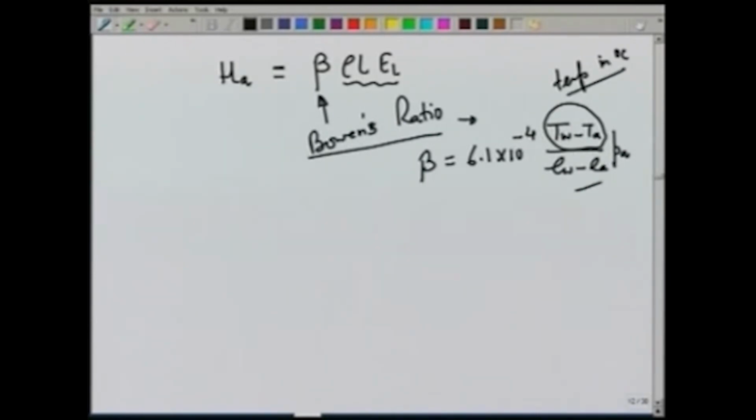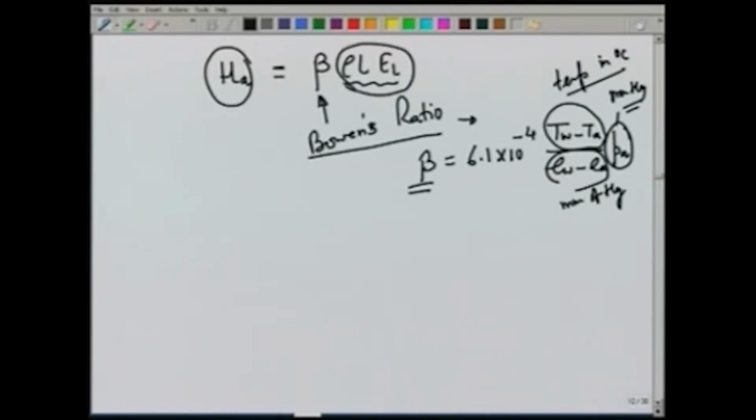EW, EA we have already seen, these will be in millimeters of mercury, and PA also, atmospheric pressure, millimeter of mercury. So, once we obtain beta, we can obtain Ha, or we can write Ha in terms of the heat of evaporation and the Bowen's ratio.